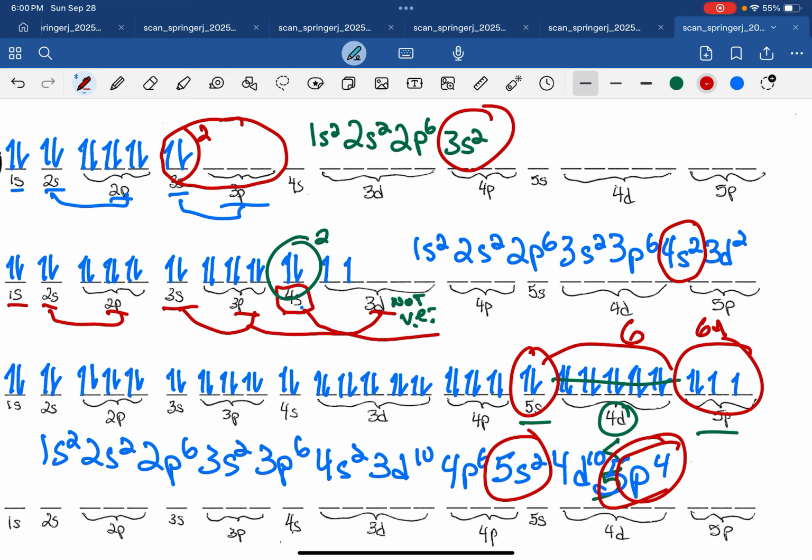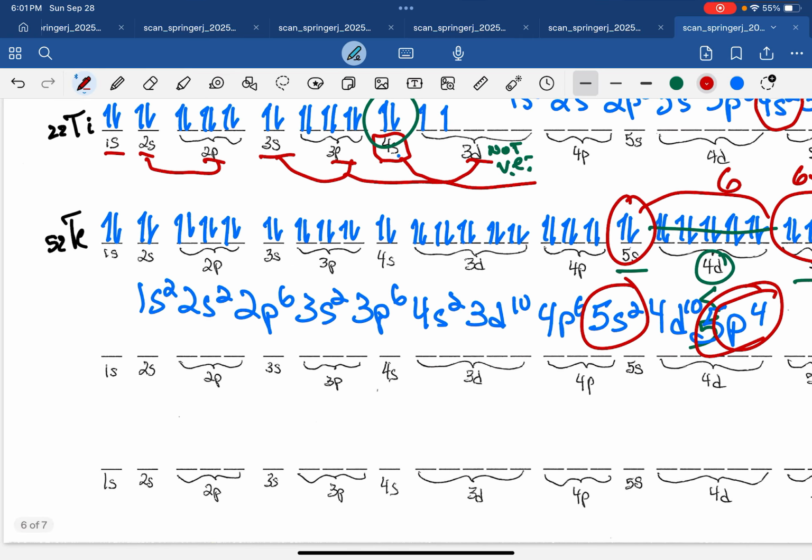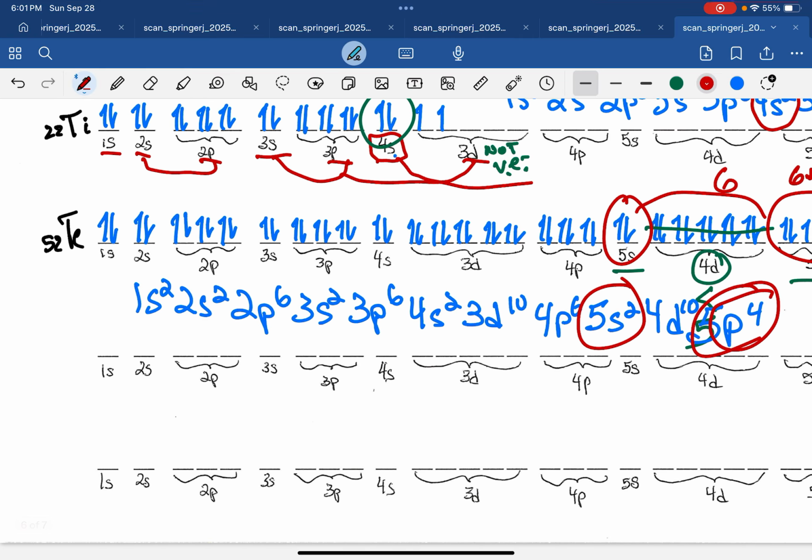I'm going to clear some of this off. Let's go down here and do, let's say, argon. Argon is number 18. It's got 2, 4, 5, 6, 7, 8, 9, 10, 11, 12, 14, 15, 16, 17, 18.